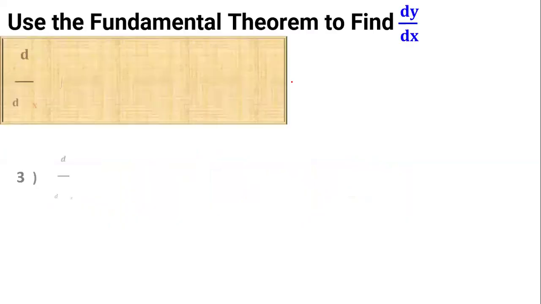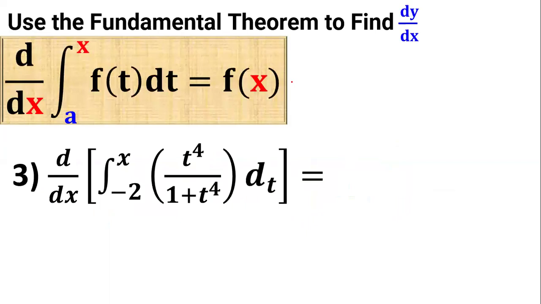The third example. I'm just trying to give you examples to help you master this, but they're similar, up to number 3. So here we have a constant, which is -2, and we have a variable, x. Therefore, we can apply this rule.